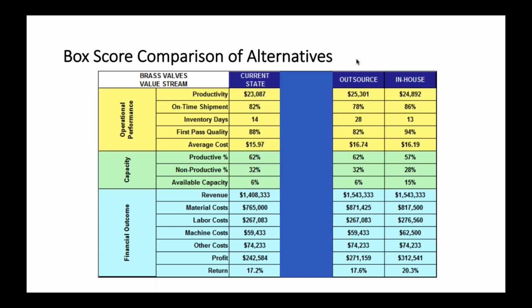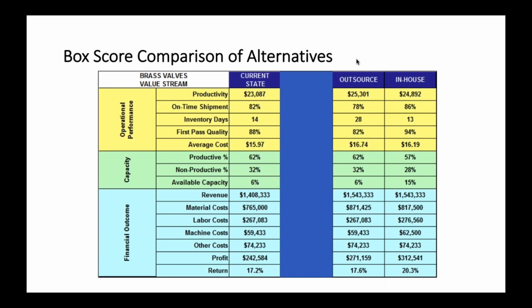Quality gets better. Our average cost goes up because we have to invest in the capacity. And you can see we now have 15% available capacity. Most importantly, from a profitability standpoint, our profits are higher when we insource rather than outsource, $312,000 compared to $271,000.